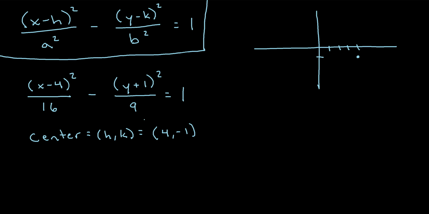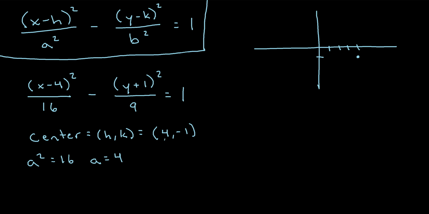To find our vertices, remember the distance from the center to the vertices is equal to a. In our example, a squared is equal to 16. If we take the square root of both sides, a must be equal to 4. So to get from the center to the vertices, we need to subtract 4 from our x-coordinate and add 4 to our x-coordinate.